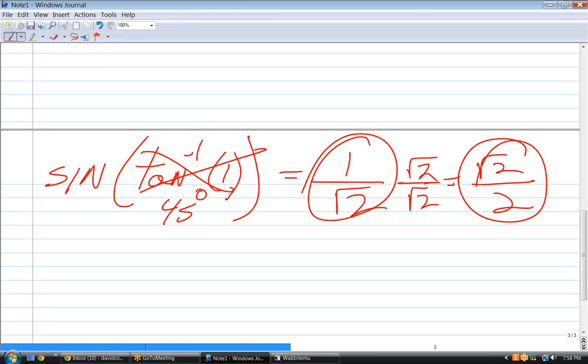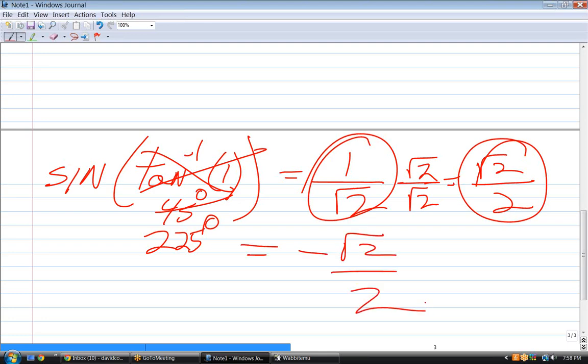In other words, the tangent is actually also equal to 1 at 225 degrees. If you go into your calculator and ask what's the tangent of 225 degrees, it's going to tell you 1. But notice the sine of 225 degrees would be minus root 2 over 2.